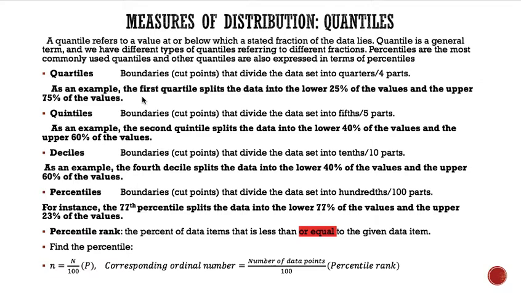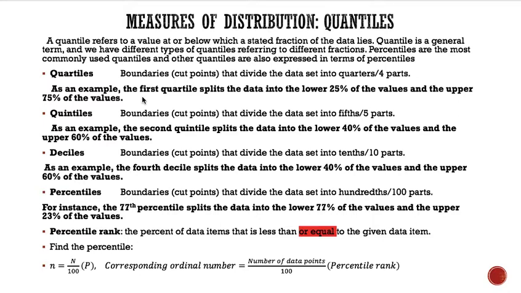For example, the first quartile is 1/4 or 25%.